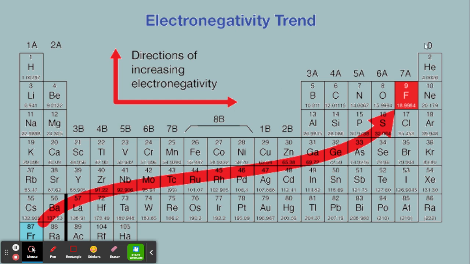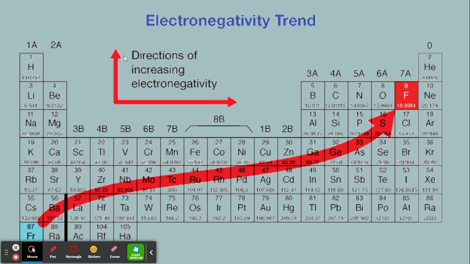Another connection I would like to make is that since, as we've discussed, nonmetals have the tendency to form anions and anions gain electrons, it makes sense that as we go across a period, electronegativity increases. Because in order for it to become an anion, it must attract electrons to its electron domain.